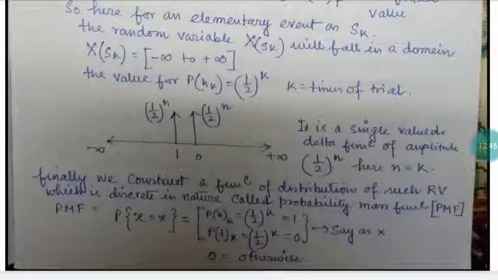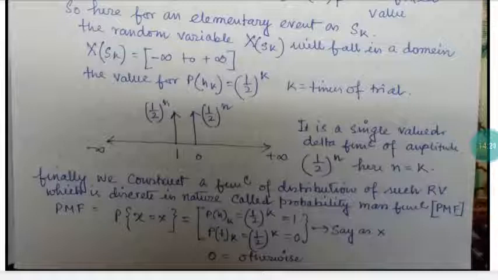So what is a probability mass function? A probability mass function must be associated with a discrete function, and that discrete function should have one specific value. Here, whether for head I considered (1/2)^n, or for the case of 0 I considered (1/2)^n. But one thing I have considered here: these events, the first experiment, the second experiment, the third experiment, are all taken in such a way that the outcome is either head or tail, but they are not interrelated.